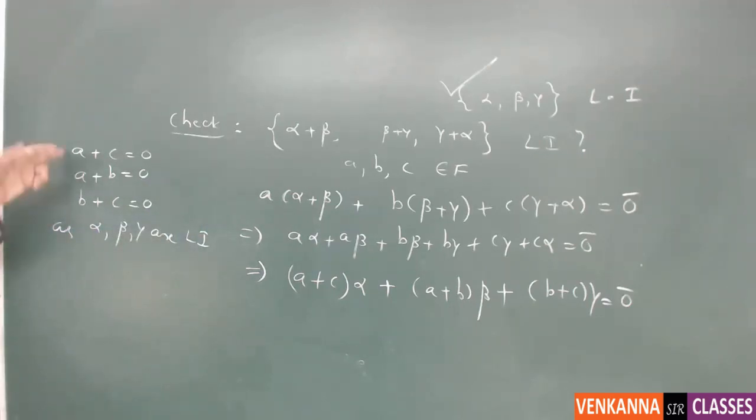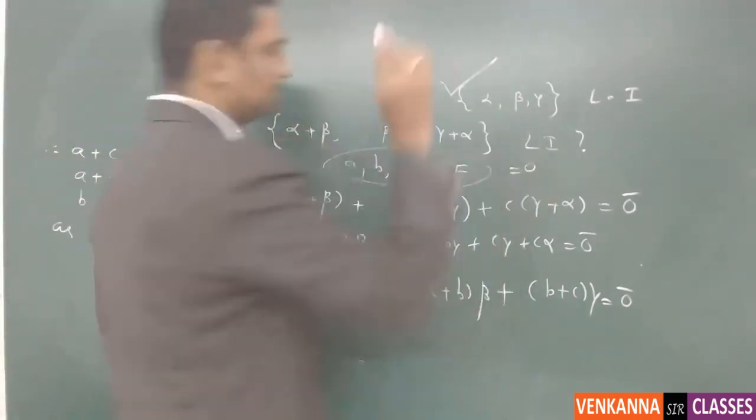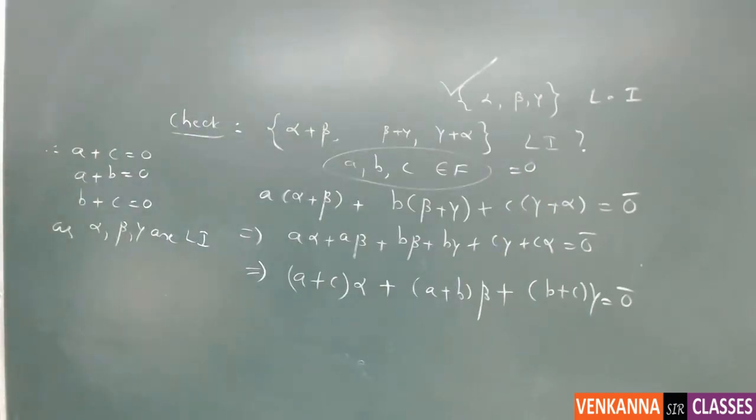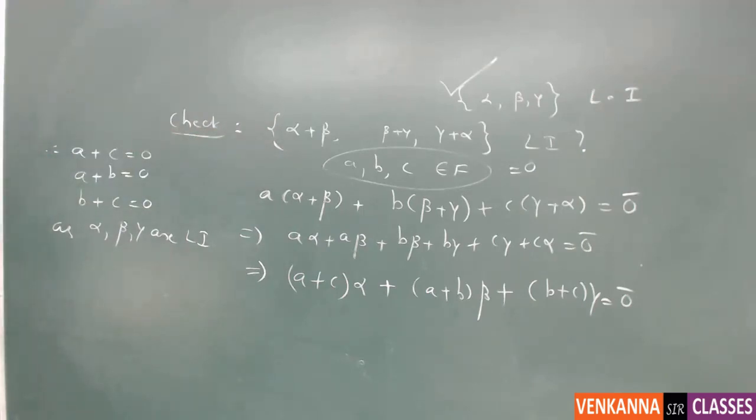So using these relations, I should prove the scalars I have taken are 0. If I am able to prove that, since all the scalars became 0, this set becomes LI. If among A, B, C, at least one value is non-zero, this set becomes LD.